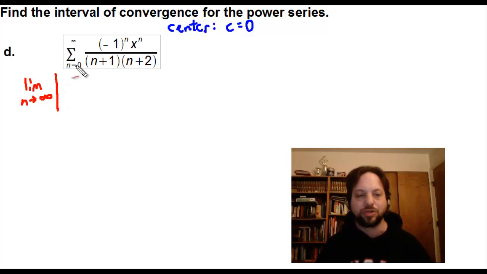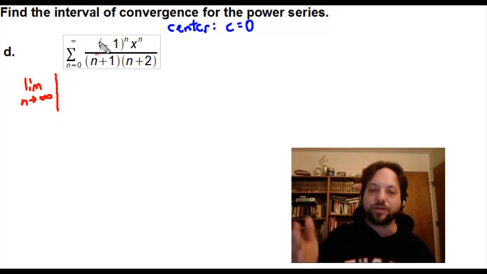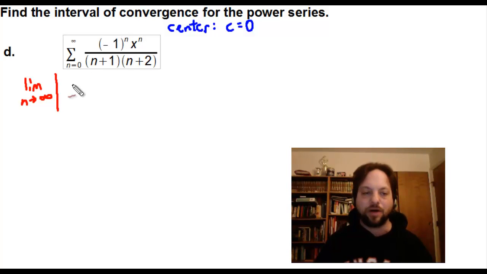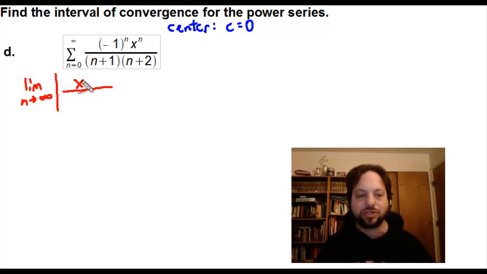We'll do the limit as n approaches infinity of the magnitude of the ratio. Now, because I'm looking at magnitude, this negative 1 to the n term will not be involved here. Rather, what I will end up with is x to the n plus 1 in the numerator. And in the denominator, if I plug in n plus 1 here, that will give me n plus 2.